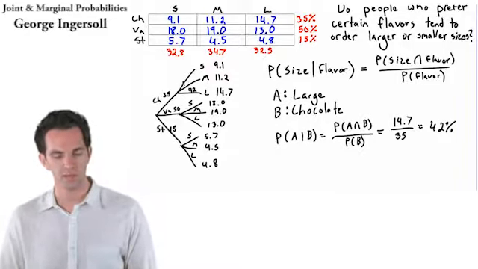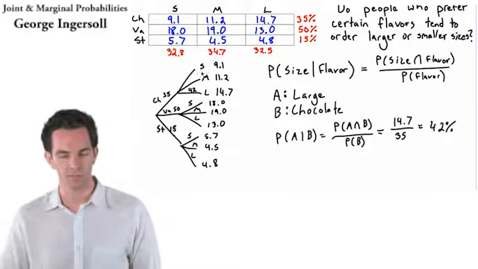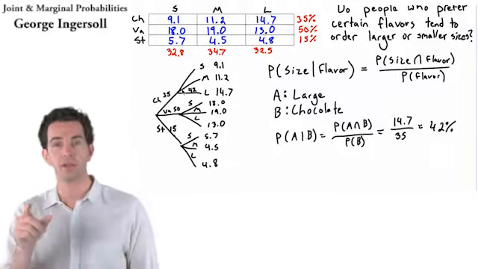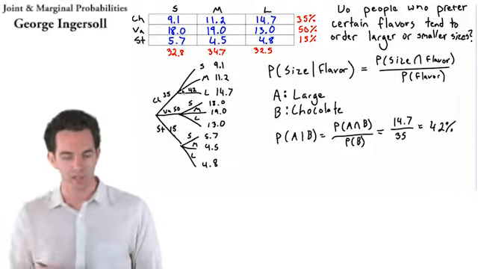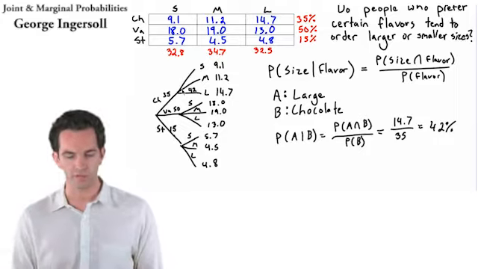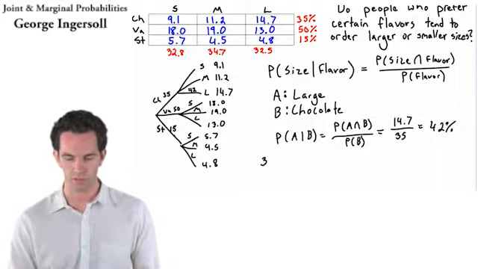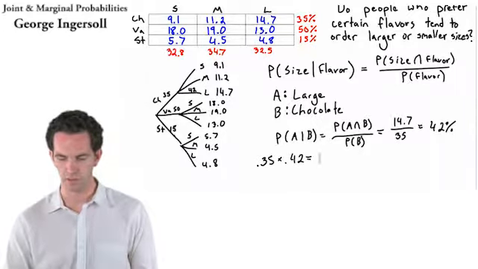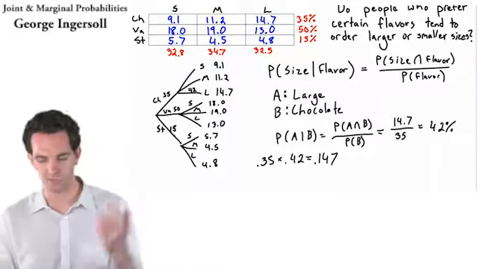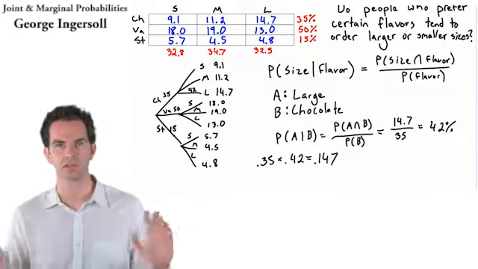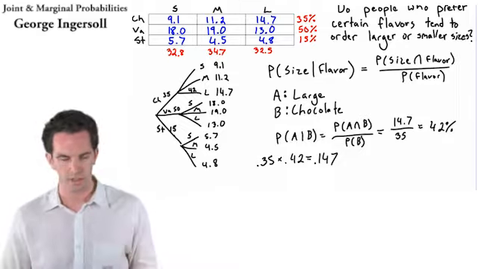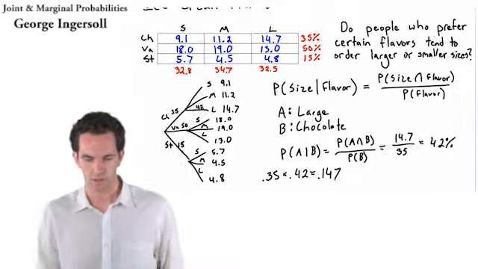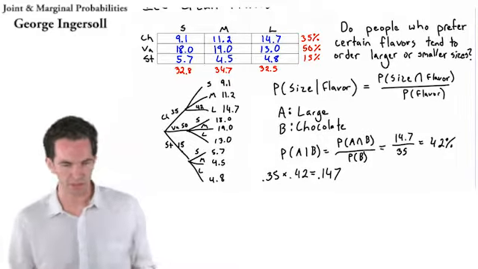This second branching of the tree is really going to be, and to make sure that this makes sense, think about this: 35 times 42 is going to be equal to 0.147. These could all be converted to percentages, which is what we were using originally. It's the exact same thing. This works. So let's continue working through this thing and filling out the tree.